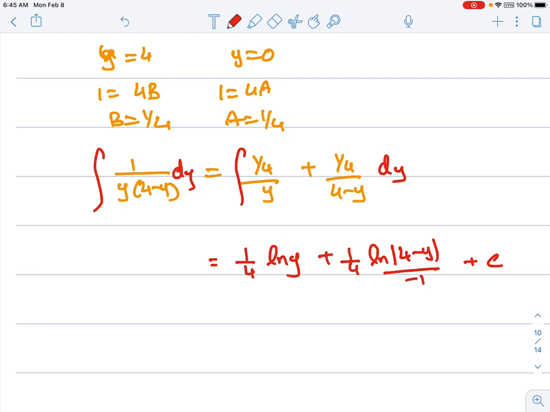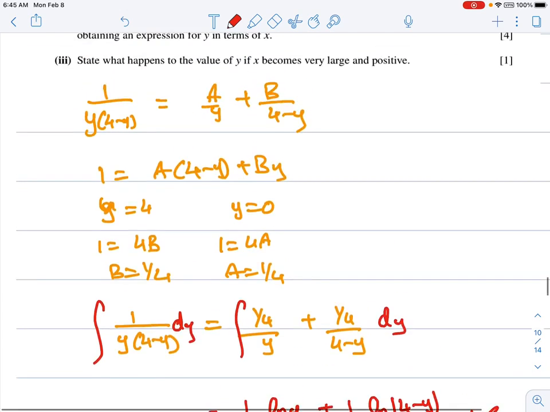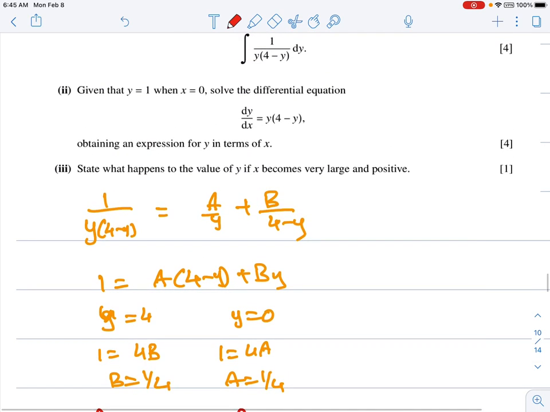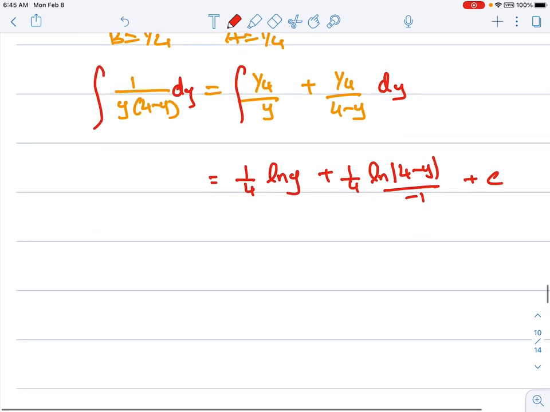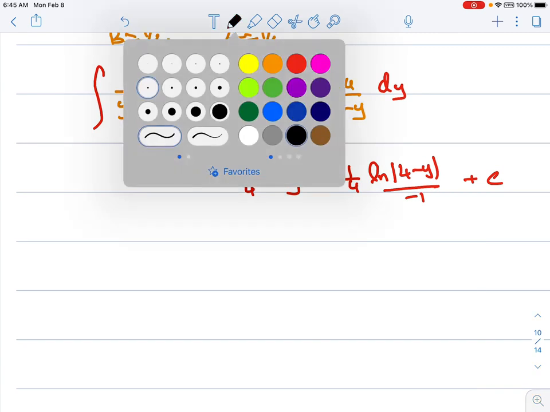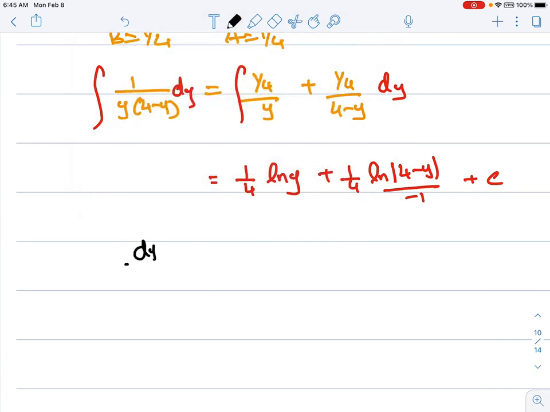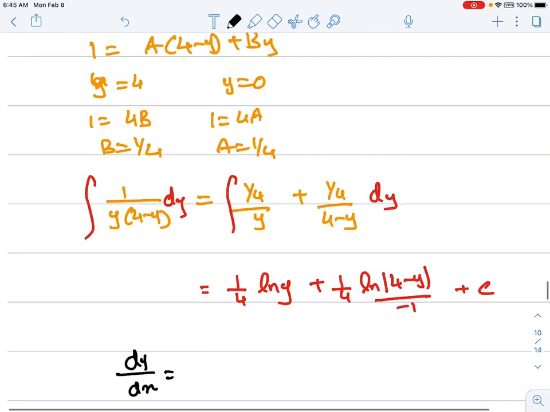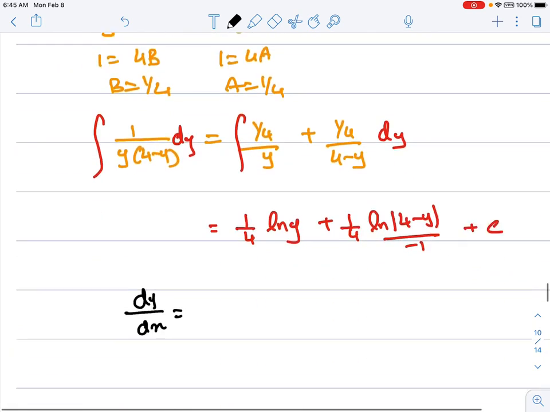Okay. So given that y equal to 1, x is equal to 0, solve the differential equation. So he's asking to solve the differential equation. What was the differential equation given? dy by dx is equal to 4y times (4 minus y).